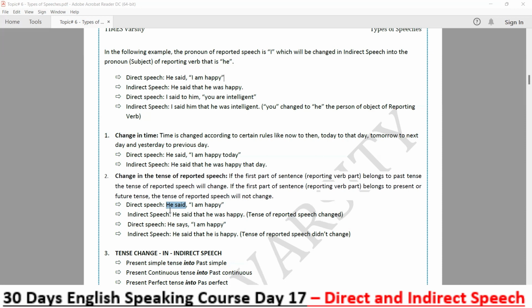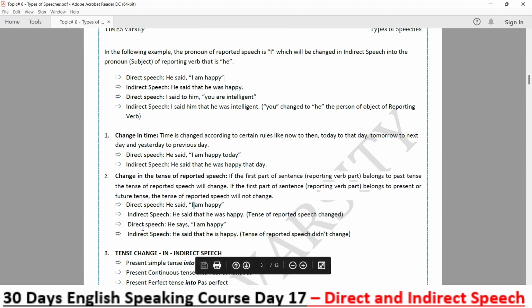So now, he said, "I am happy." The indirect speech: he said that he was happy. So the tense of reported speech changed. You can see here the reported speech in direct speech was "I am happy." So it is converted into "I was happy" with that.